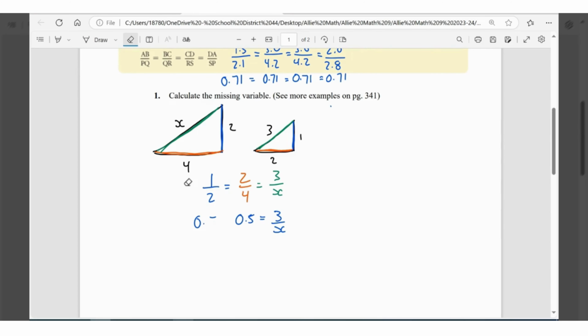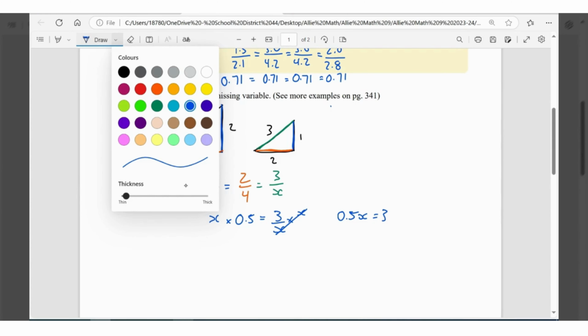As we've been practicing, we now need to solve for x. How do we get x out from under the bottom? We need to multiply by x on each side. Times x. Those cancel, and so we're left with 0.5x equals 3.